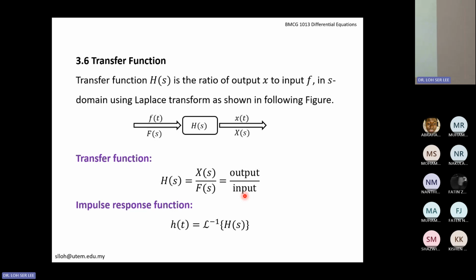Let's say your output is X(s) and your input is F(s). So we denote the transfer function using H. And remember this, your transfer function is output over input, that means X over F in terms of S. Once you get your transfer function, you inverse Laplace the transfer function, you will get the impulse response function.